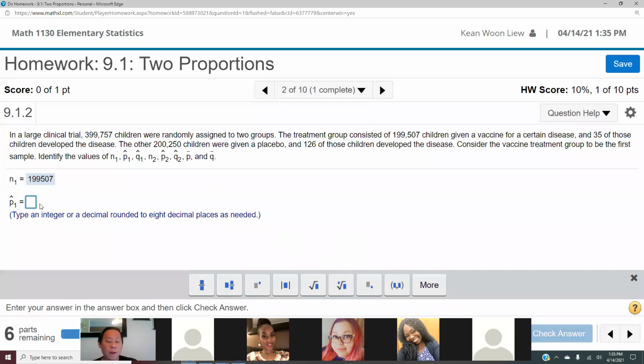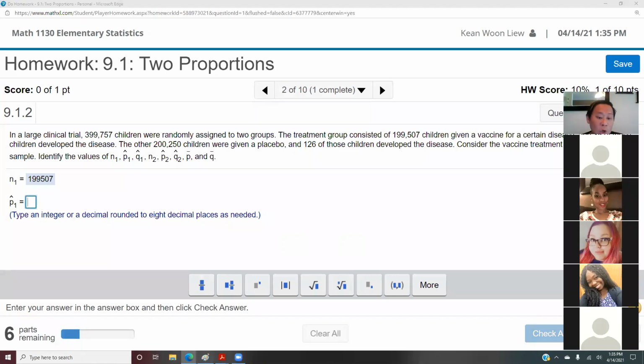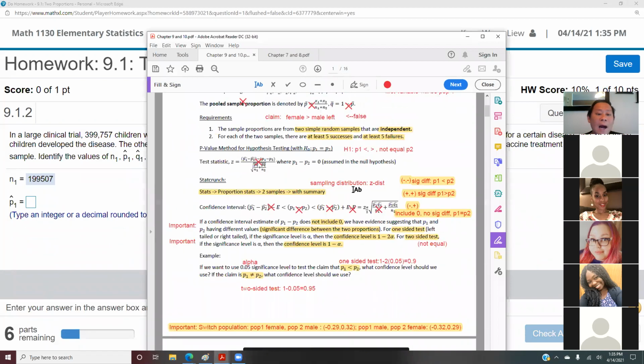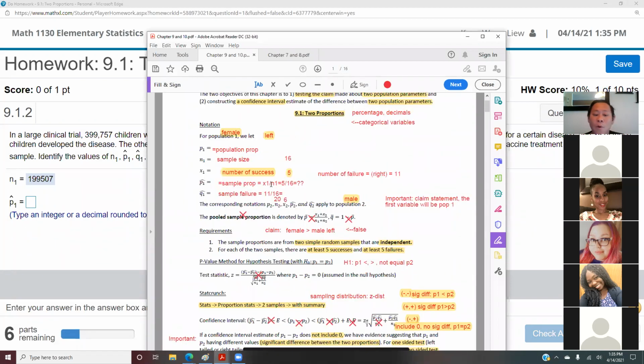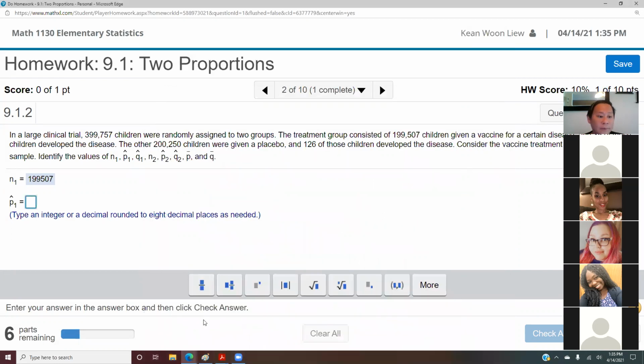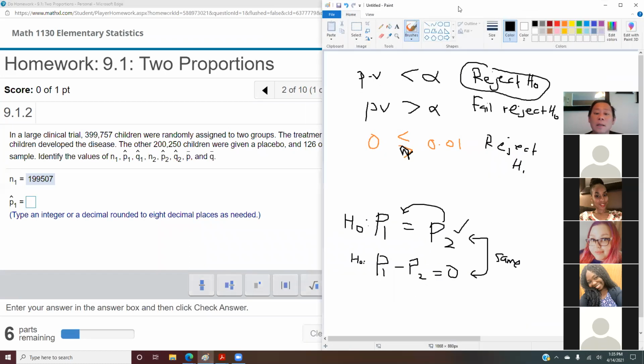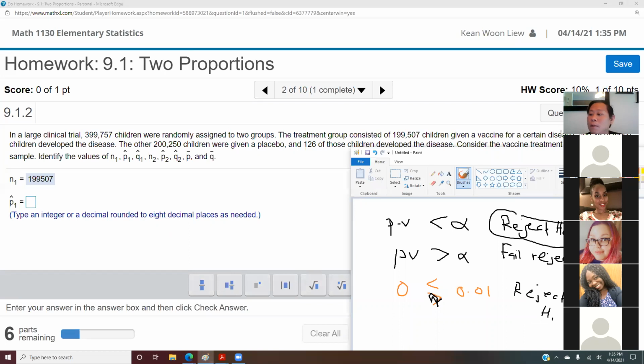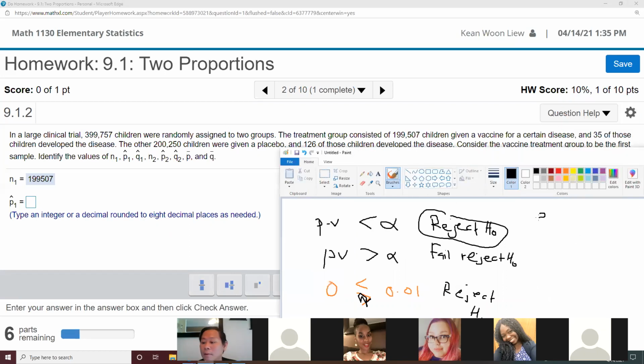So how do you figure out P1? If you refer to my notes, P1 is found by taking X1 over N1. So what are X1 and N1? X1 is how many people got the disease: 35, out of 199,507.